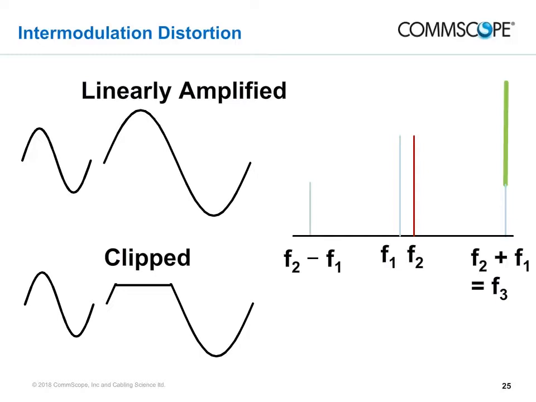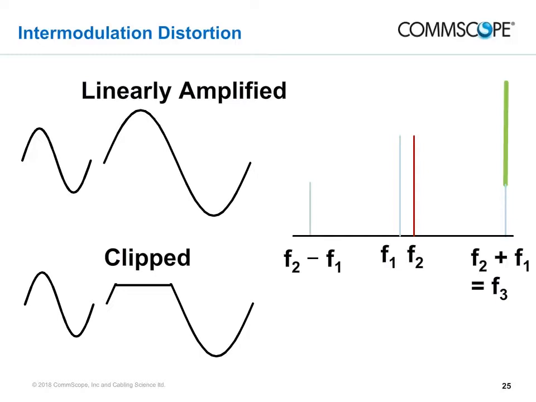When two signals, such as those shown in this frequency diagram at F1 and F2, exist in a non-linear system, they modulate each other, resulting in lower amplitude intermodulated signals at both the sum and difference of the frequencies of the original signals. Intermodulation distortion occurs when one of the intermodulated signals is at the same frequency as a legitimate carrier frequency such as F3.